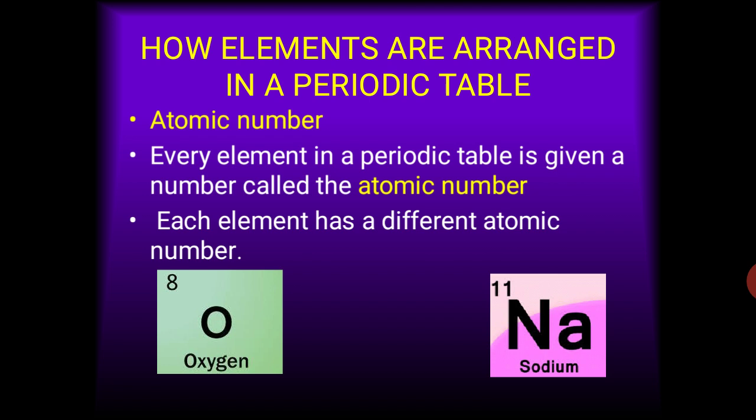You see there are two elements shown here, oxygen and sodium. Oxygen atomic number is 8 and sodium atomic number is 11. Then there is a symbol shown here in alphabetical order, O for oxygen and then sodium Na. We'll talk about that later.